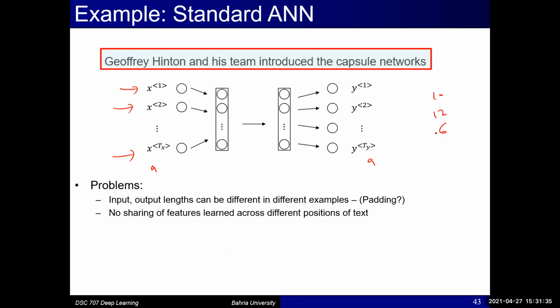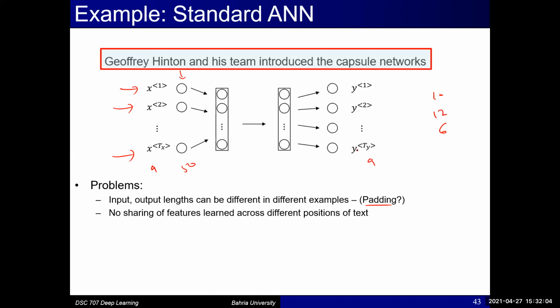Still, it is not a very serious problem because we can solve it using padding. We can say the maximum sentence can be 50 words, so we have something able to handle 50 words. If you have less than 50 words, you pad zeros, and you also ignore the output neurons in that case. So I think this length problem can partially be solved using padding.